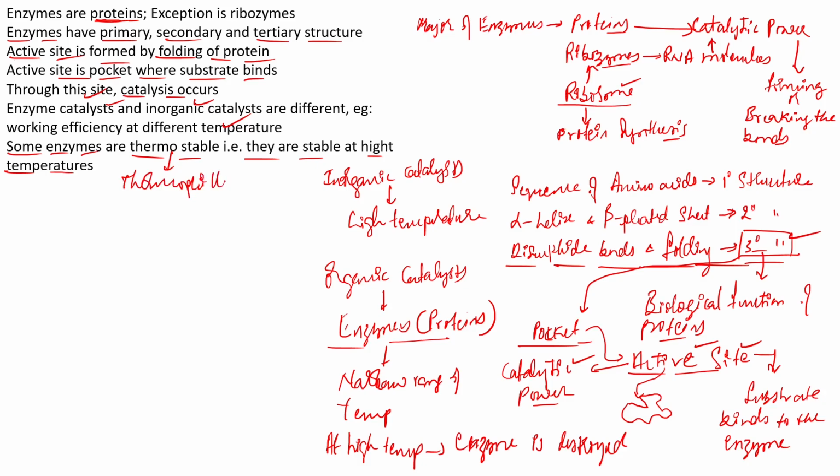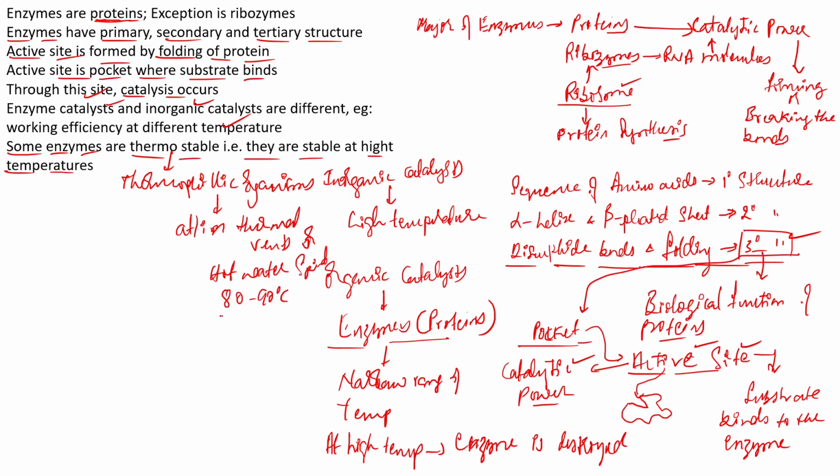Now, thermophilic organisms are some organisms which mainly live in the high temperature regions, such as the thermal vents, or we can even say the hot water springs, where the temperature is around 80 to 90 degrees Celsius.